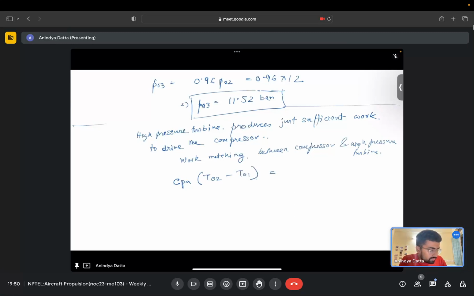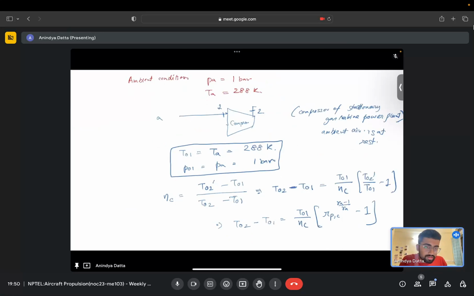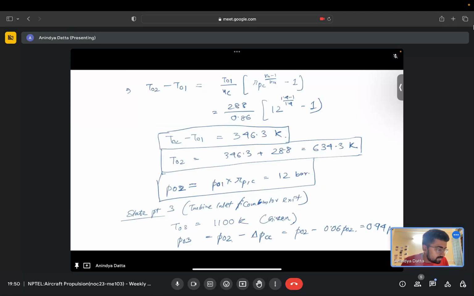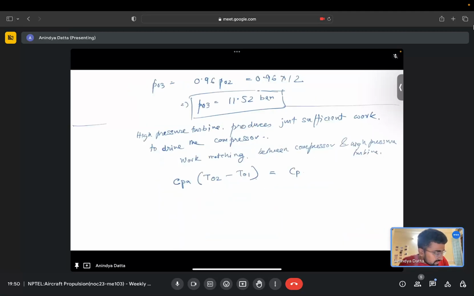Now if we look at the state points across the high pressure turbine, the work is Cp times T03 minus T04, and here we have to use Cp of gas. Just note the difference in Cp here.